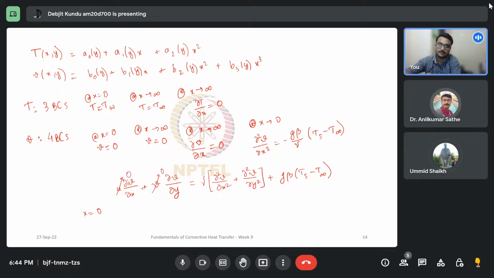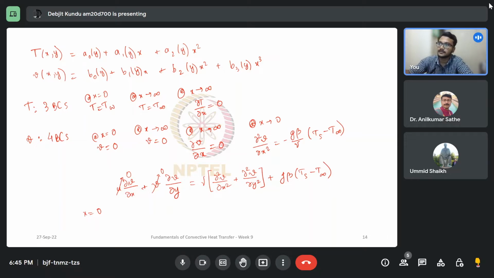This is due to the no slip boundary condition, and this is due to the no penetration boundary condition. Like if there is a boundary, then the flow cannot cross it. So the left hand side goes to 0 entirely.